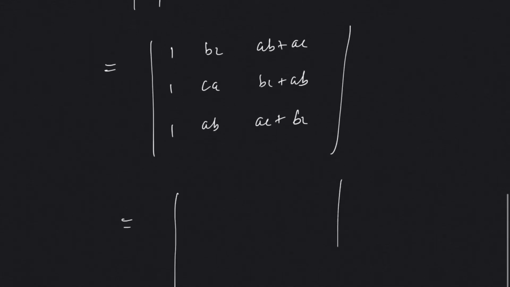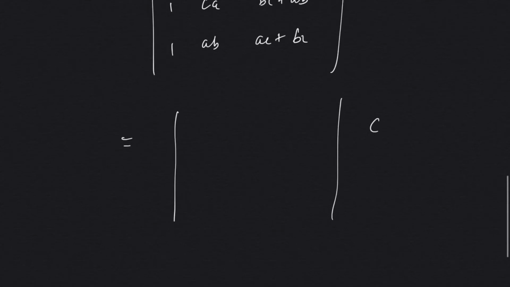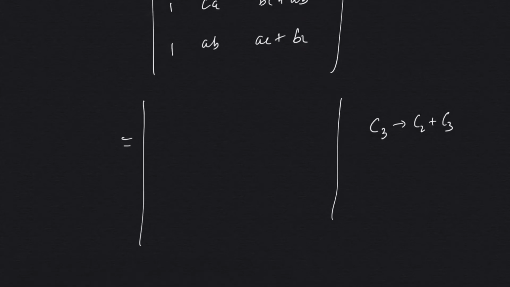Next step, I will just do one thing, that is column 3 I will add column 2 plus 3. Okay, so I think for that I'll need a bigger space, so I'll start from here. 1 1 1, BC CA AB.